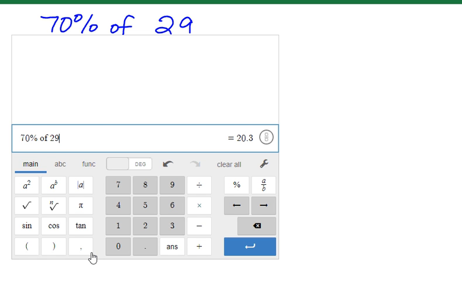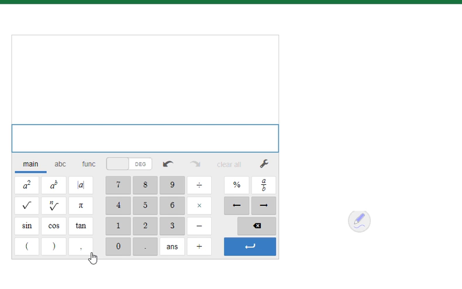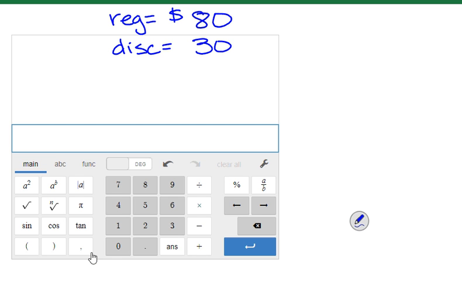So that's pretty easy. What I also really like about it is, let's say you were doing a question that had something to do with discounts. So for example, you had something that was regularly priced, maybe it was regularly priced $80, and the discount is 30%.